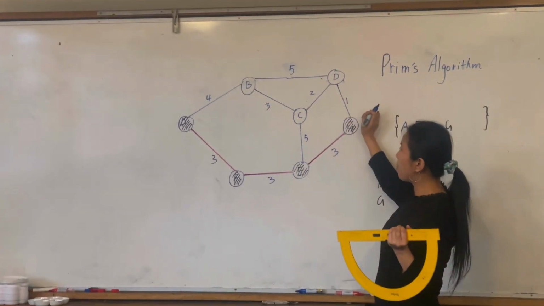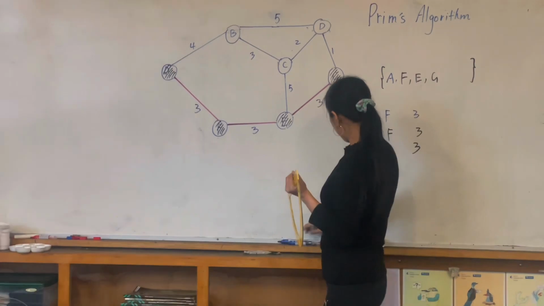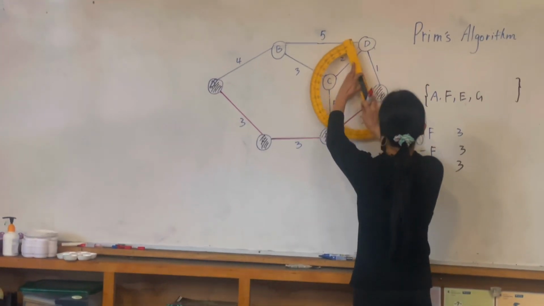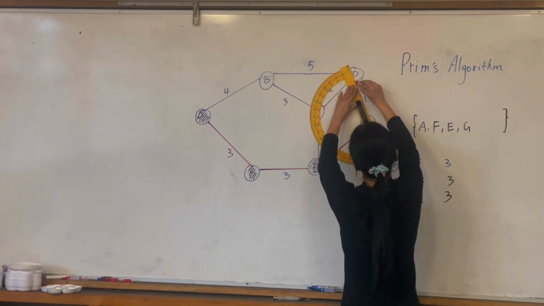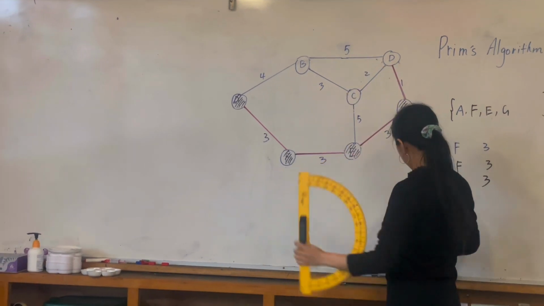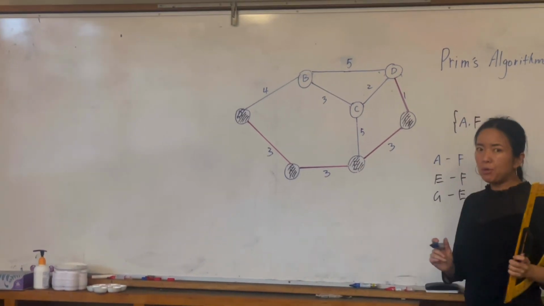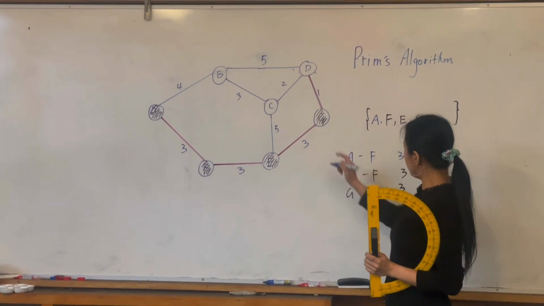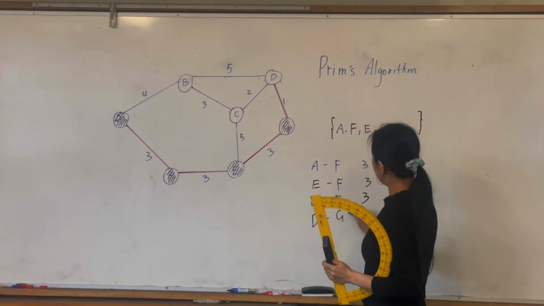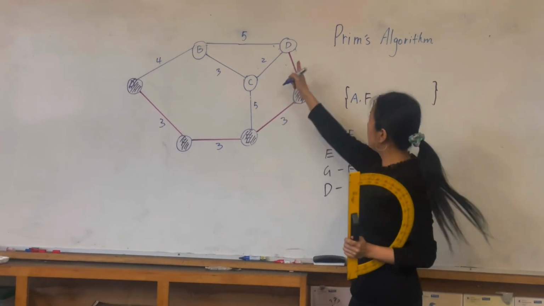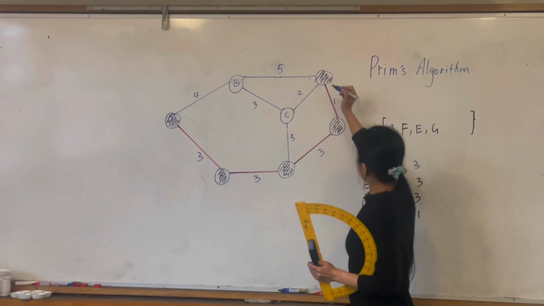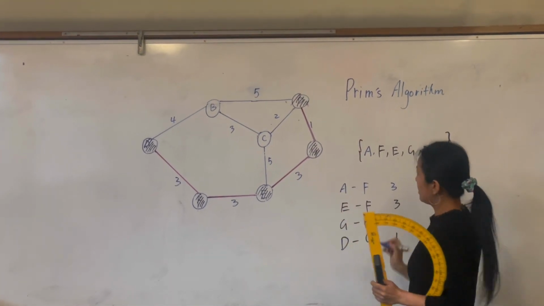Obviously, the weight of 1 is shorter. So we will highlight the path between D and G. Now we will copy the path name DG here, and we mark the node D as a visited node and keep it in the set.